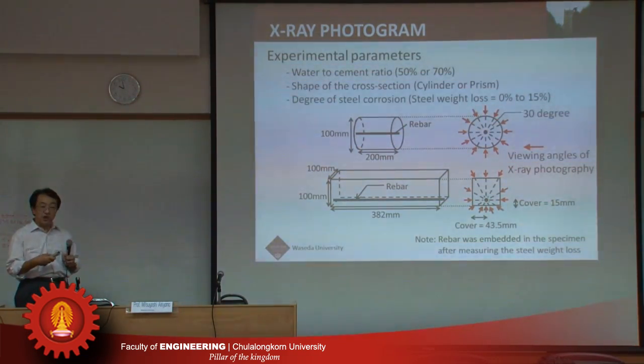As I mentioned, by rotating the specimens, the rebar in the concrete is imaged at intervals of 30 degrees. It should be noted that even if X-ray photography is taken at intervals of 15 degrees, the estimation accuracy of steel weight loss was not improved.